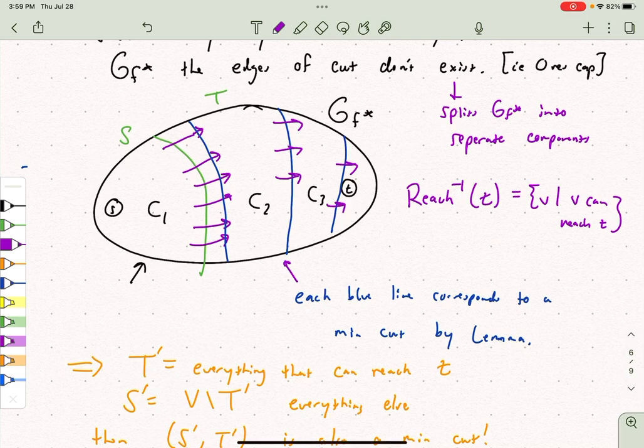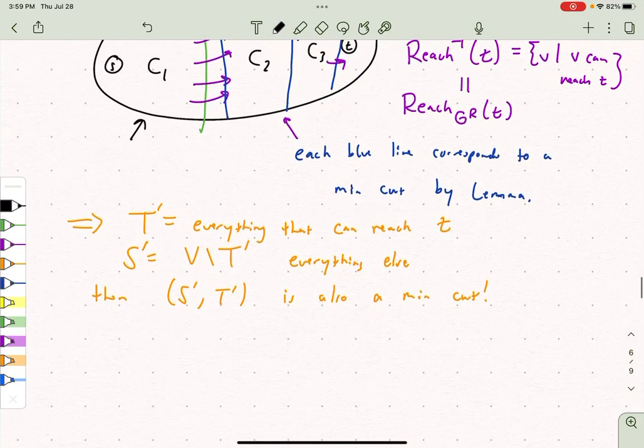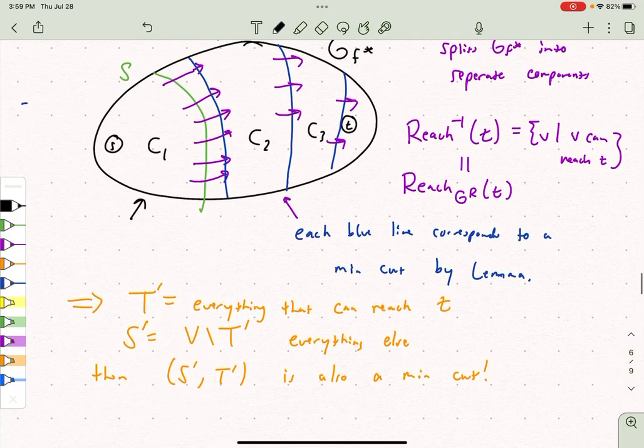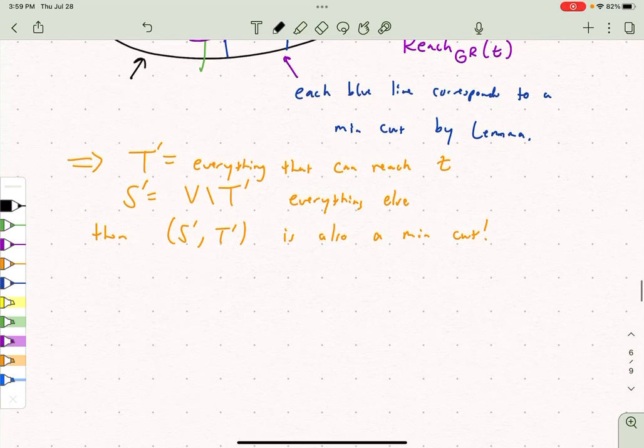So how do you compute that? Well, remember, we can just do reach of T in the reverse graph. Okay, so we know this is another valid cut. So if this is a different cut from ST, well, then clearly they're not unique.